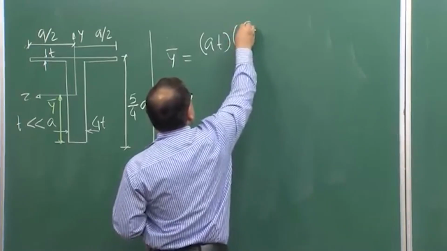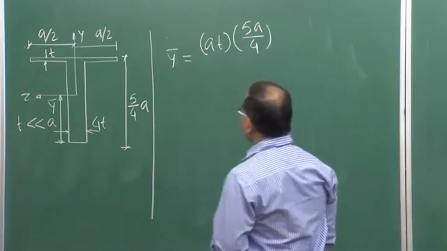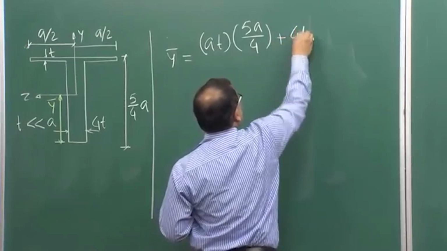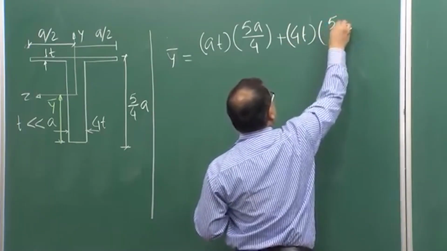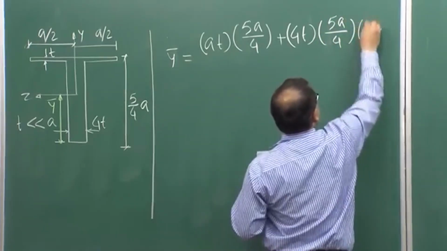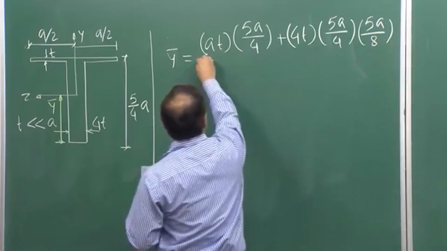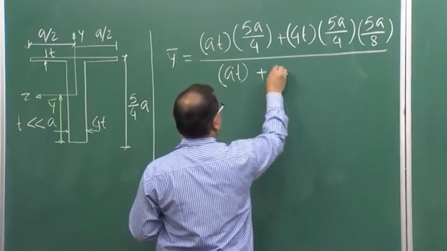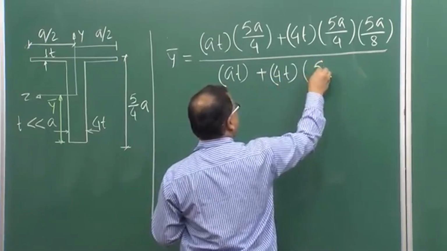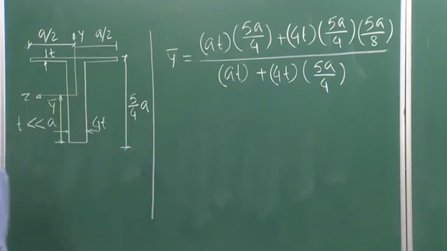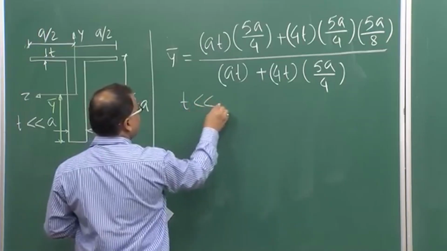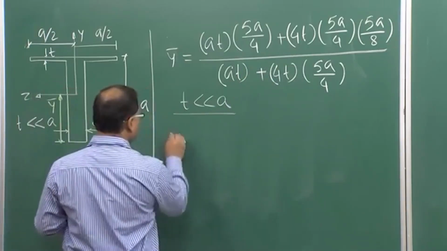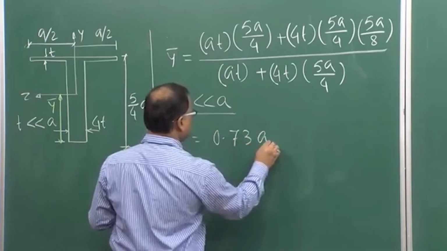So, 5a by 4, at into 5a by 4 plus 4T into 5a by 4 into 5a by 8, divided by the area, and since this is true because T is very less than a, based on that we can write this equation for y bar, and that y bar will be coming as 0.73 a.